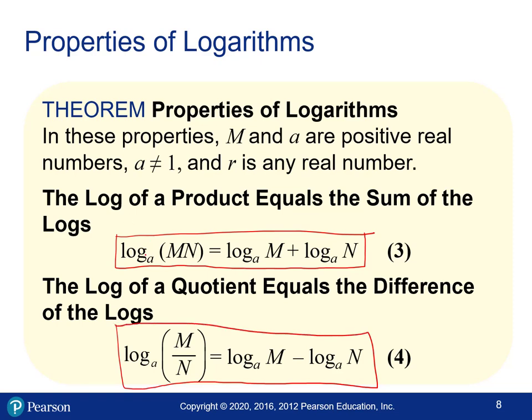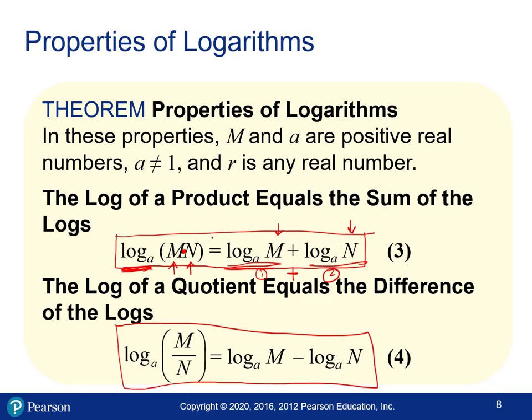So if you have a log of an argument that's a product, meaning you're multiplying, what you can do is take this single log expression of this product and separate it into two log expressions, 1 and 2, if you separate them with a plus sign. Okay, so the first factor, m, goes in the first log, and the second factor, n, goes in the second log. So this can happen every time. If this is a product to start with, you can separate it as the sum of two different logs.